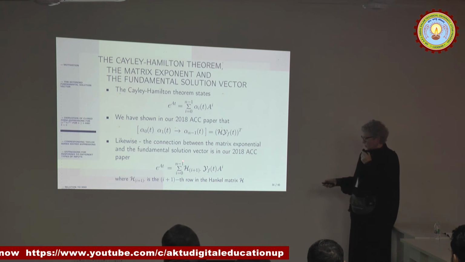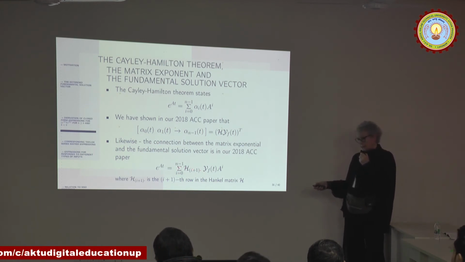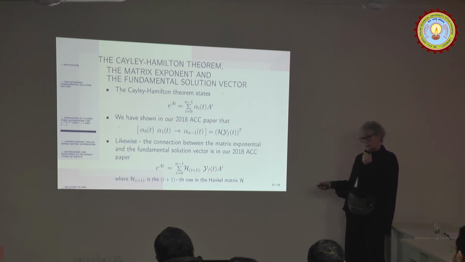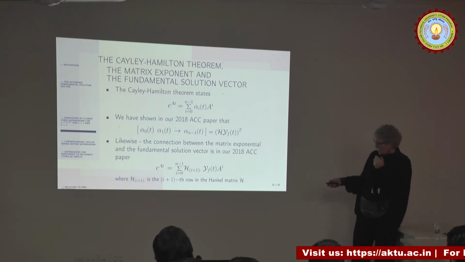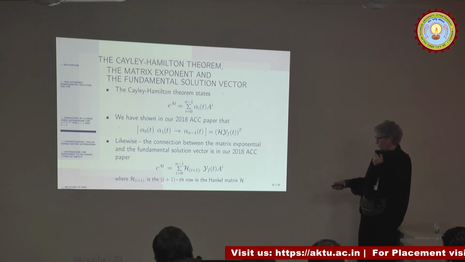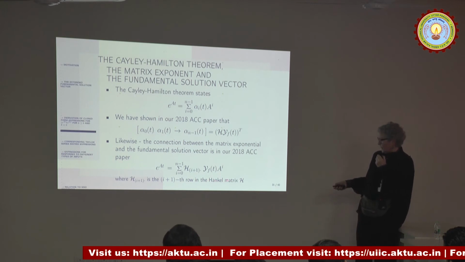So we do a sum, and then we take the first line of the Hankel matrix times the fundamental solution vector times the identity matrix plus the second line times the fundamental solution vector, and so on and so forth. So that's the ith row, the i plus 1th row, of the Hankel matrix H.